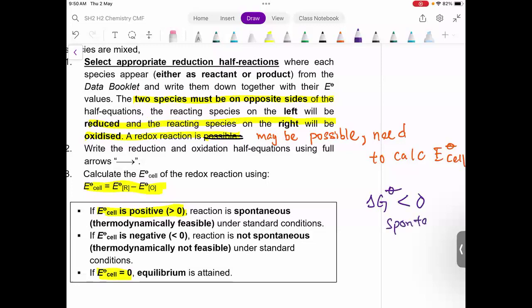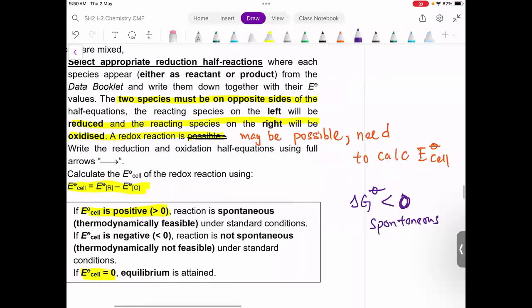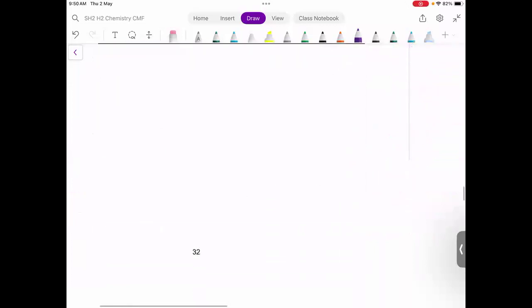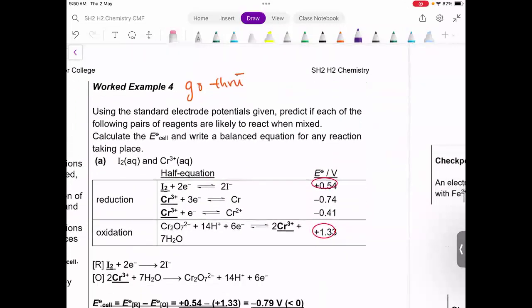So we also do likewise, we compare it with 0 for delta G, but opposite sign. E naught cell must be positive, while delta G must be negative in order for the reaction to be spontaneous. Opposite in sign. So why is it opposite in sign? It's because of the formula later on. We'll look at it later on.